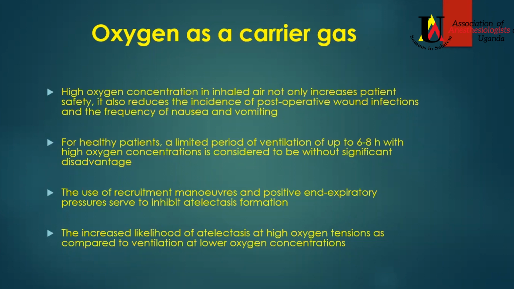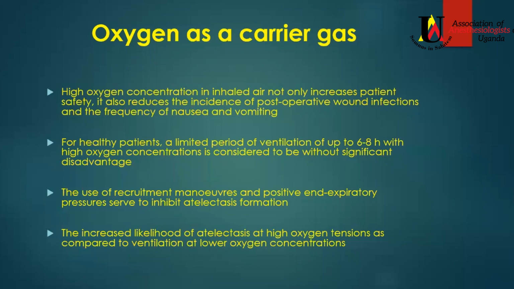So you may ask yourself, how does oxygen lead to atelectasis? Now, remember, if you're running high oxygen concentration, the pressures are going to be high. So most of this oxygen, because of the diffusion gradient, is going to diffuse out of the alveoli into the capillaries.